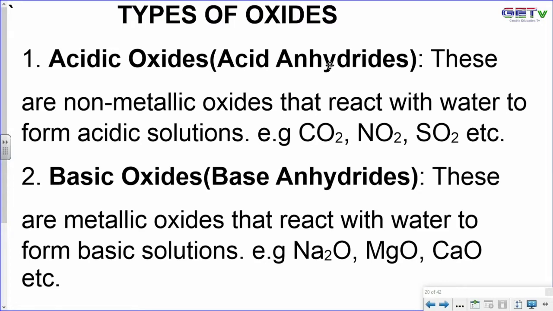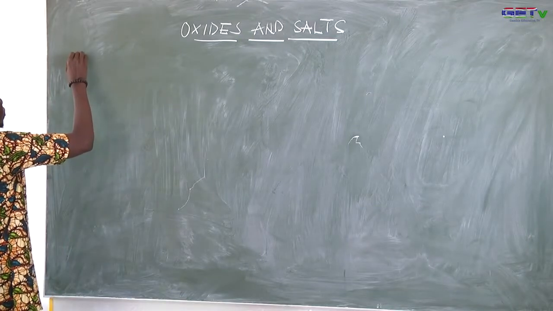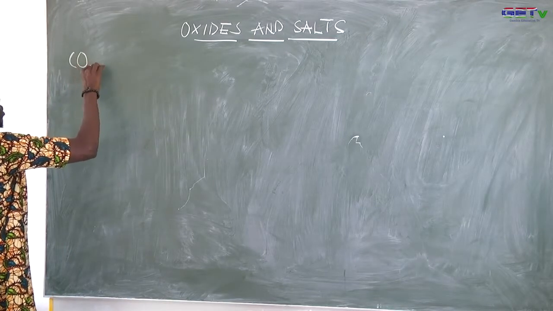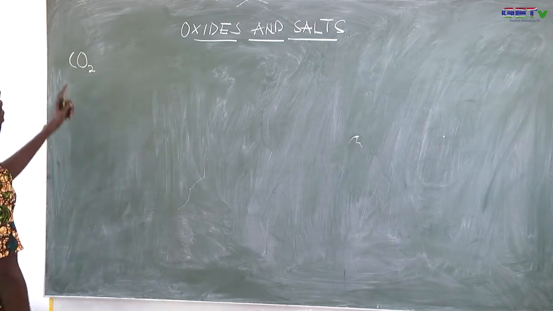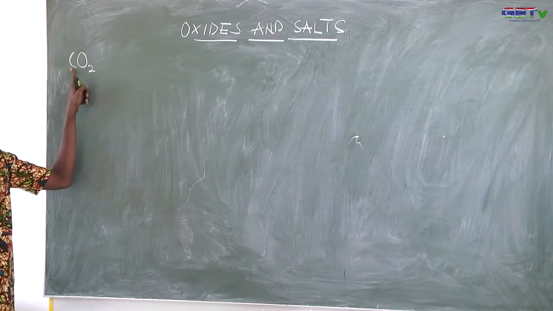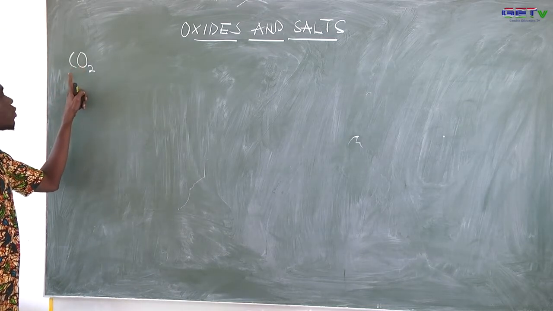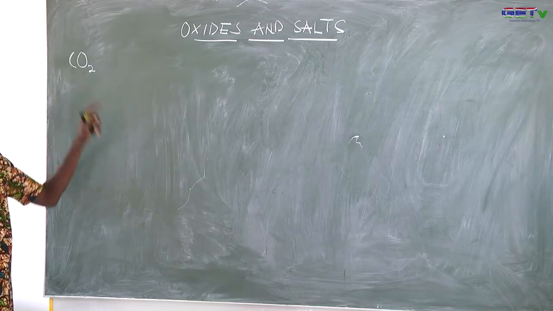Now the first one we have is acidic oxides. These acidic oxides are known as acid anhydrides. Now we said these are non-metallic oxides that react with water to form acid solutions. If we have oxides like CO2, this carbon here is a non-metal. With oxygen, it will form non-metallic oxides.